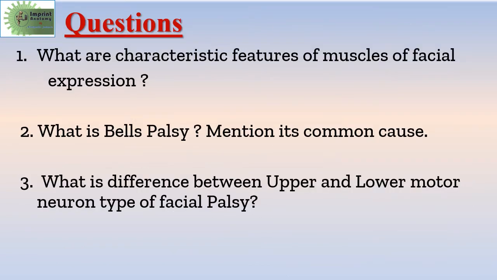On the basis of this case, questions can be asked: what are the characteristic features of the muscles of facial expression? What is Bell's palsy, and mention its common cause. The third one is very important: what is the difference between the upper and lower motor neuron type of facial palsy?